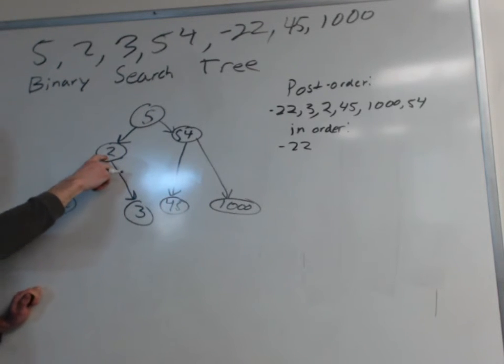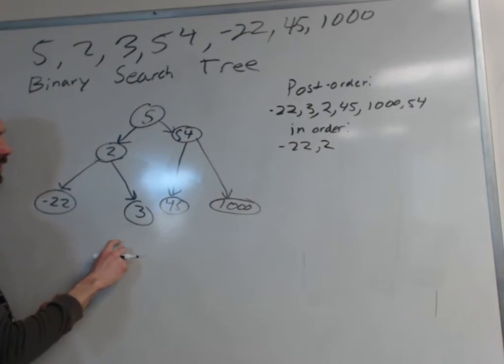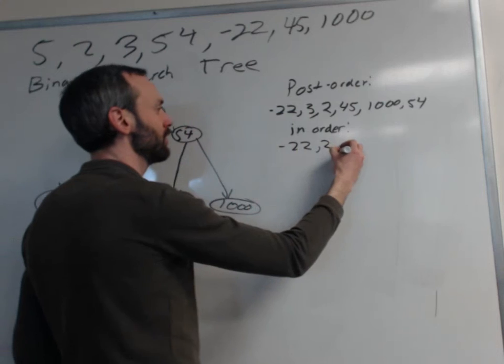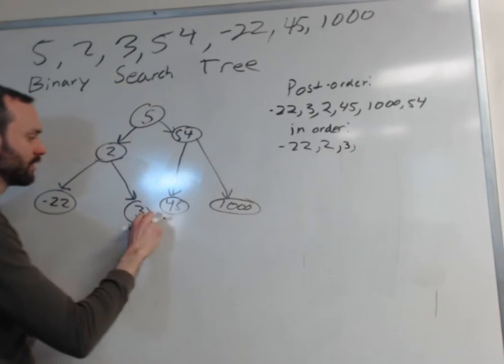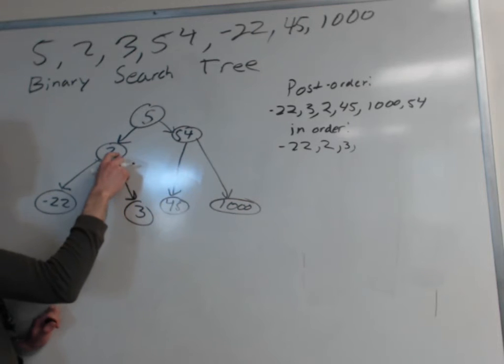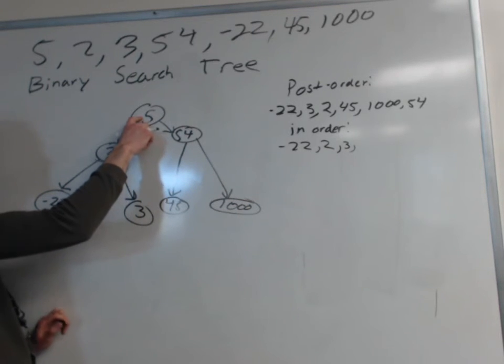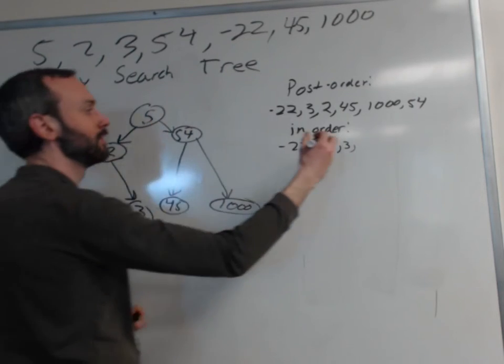You come back from the negative 22. You just visited the left child, so you print 2. You go to the right, nothing on the left, so now you've just visited the left child, you get 3. Visit the right, nothing there, coming back. You just visited the right child, so don't print. Come back, you visit the right child, don't print. Back to the 5, you just visited the left child, so we print the 5.